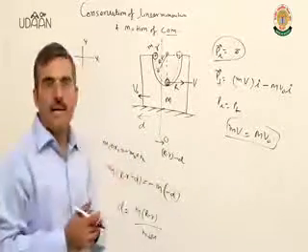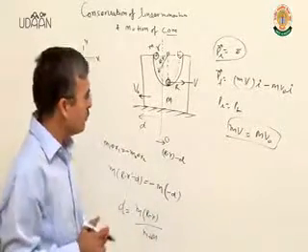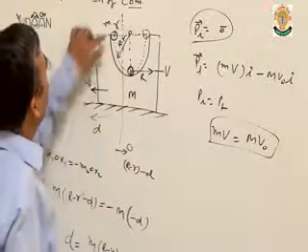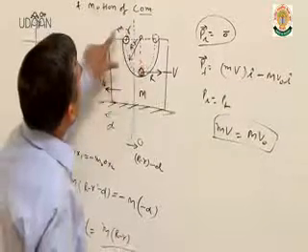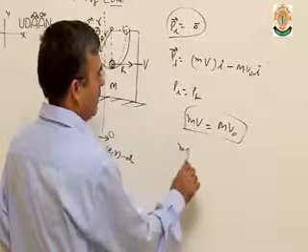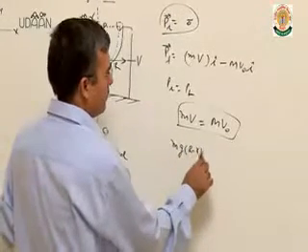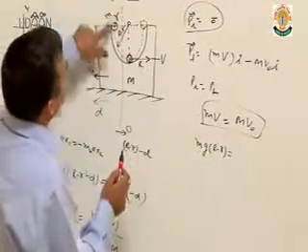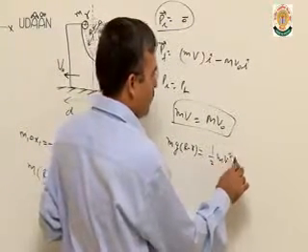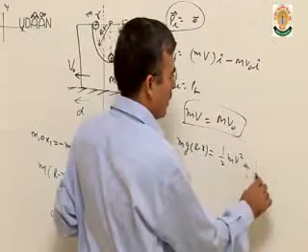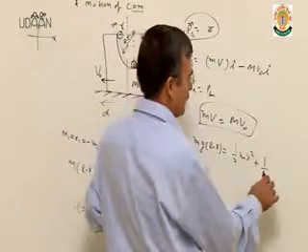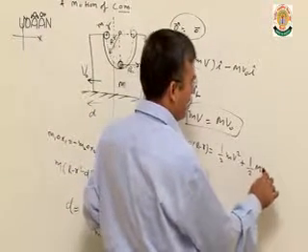Now conservation of mechanical energy, because all the surfaces are smooth here. Let us apply conservation of mechanical energy. Loss of gravitational potential of the small m mass, that is mg into r minus r. Gain in kinetic energy of the small m mass, half small m v square, plus gain in kinetic energy of the capital M block, half capital M into V naught square.